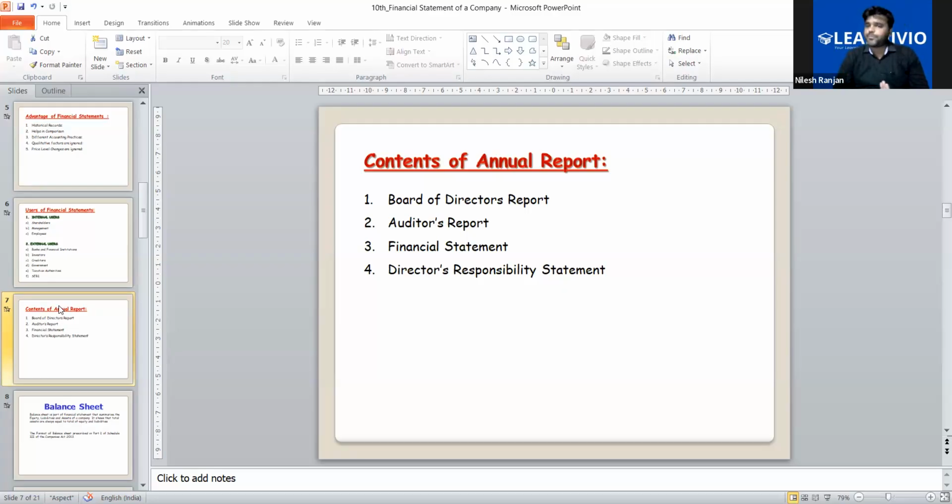Is everything correct and presented in a good way? These things are verified by auditors. Auditors are actually chartered accountants, appointed by the company to check this. The auditor will check and submit his report to the company and to the government. So auditor's report is also part of annual report. Please write this. Okay.